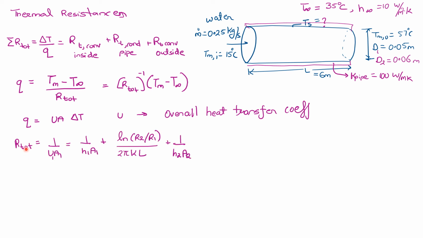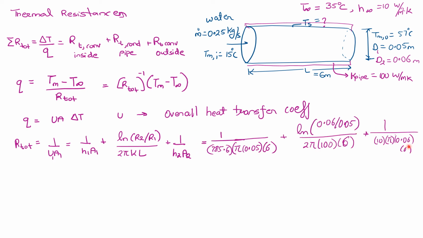So now we need to calculate this total resistance. So R equals 1 divided by U1 A1. You can have your overall heat transfer coefficient for the outside of the pipe or the inside of the pipe. If you're taking it for the outside, you can say it's U2 A2. If you're taking it for the inside, you can say it's U1 A1. And your resistances will be 1 upon h1 A1, plus the resistance due to thickness or conduction, plus the resistance due to convection outside.